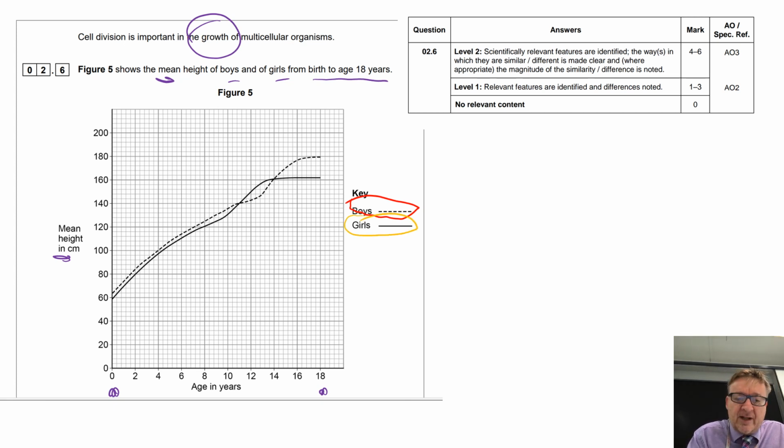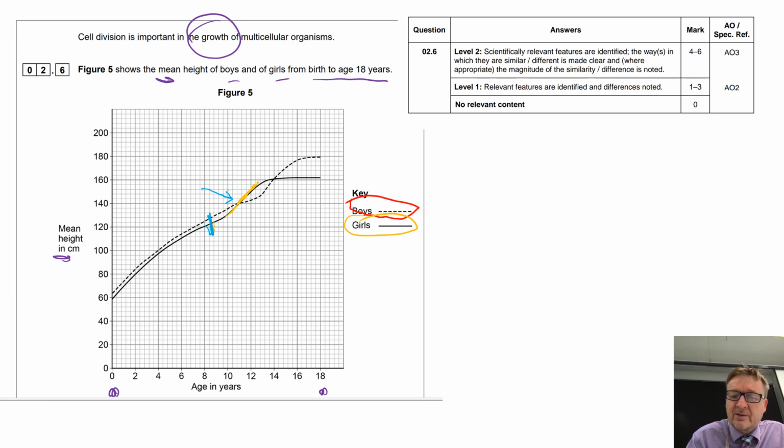If I'm looking at that, I'm looking at the dots and the lines look pretty much exactly the same until they get to about that point there. And then there's a little bit of a gap. Then they cross over there. Maybe that's going to be important. I can also see that the girls goes a lot steeper there.